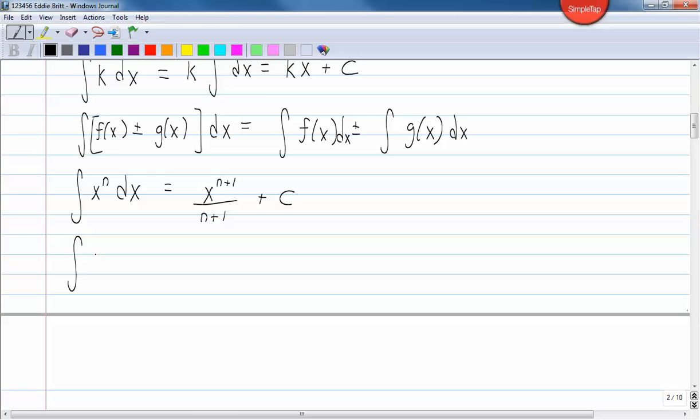We know that the integral of sine of x dx is equal to, now we don't want to just say cosine of x, because remember the derivative of cosine is a negative sine, so we have to say that's equal to negative cosine of x, because when you take the derivative of cosine again, you get negative sine, so the negatives would cancel out and you would get what you started with.